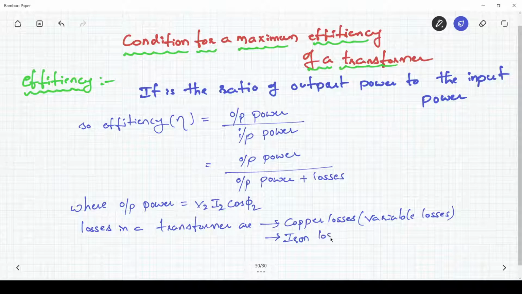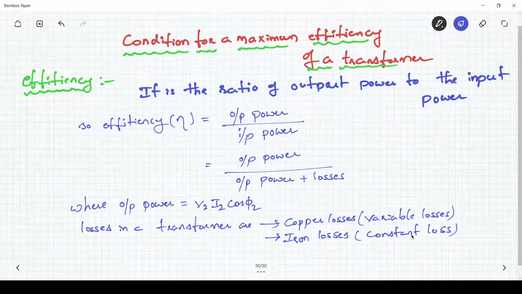And iron loss is said to be a constant loss in a transformer. It does not depend upon the load current. That's why it is a constant loss.